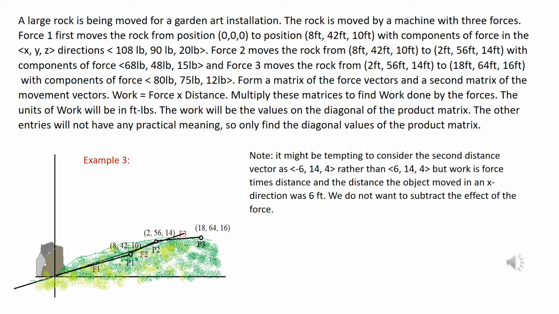So be aware that sometimes you could multiply matrices and have some of the components, usually the diagonal, have some meaning, and some of the other components, if you analyze the units, wouldn't necessarily have a practical meaning. It doesn't mean that multiplying the matrices wasn't useful. It just means you need to be careful analyzing your units. So always watch your units and see whether or not your operation gives you some practical meaning.